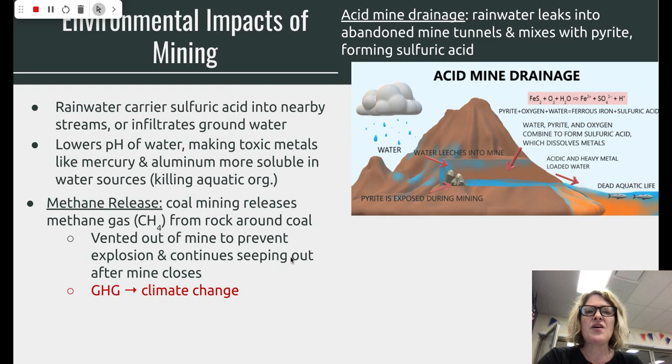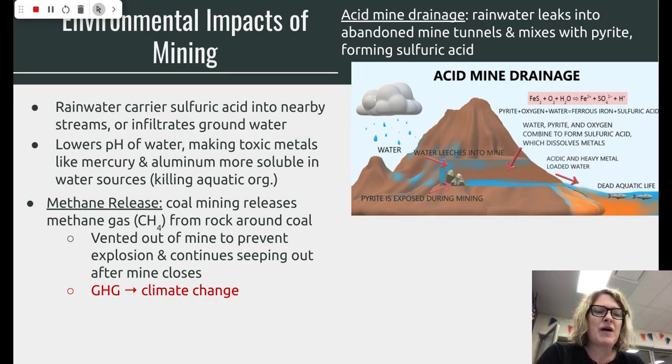And then another environmental impact with coal mining specifically is that methane is released from the rock that's around the coal. And so this methane gas can get vented out of the mine. If it's not vented properly or too much of it builds up in an area, it can actually cause an explosion.